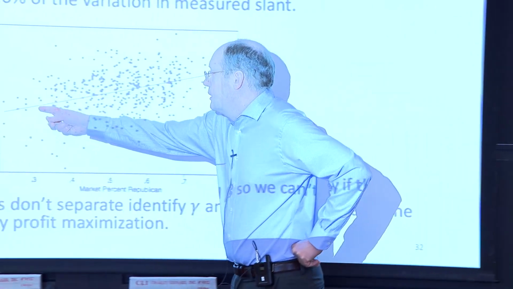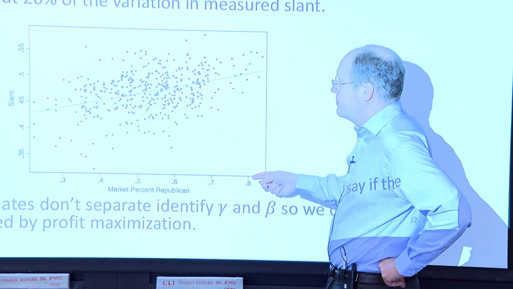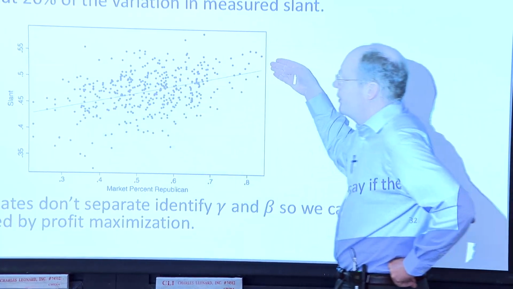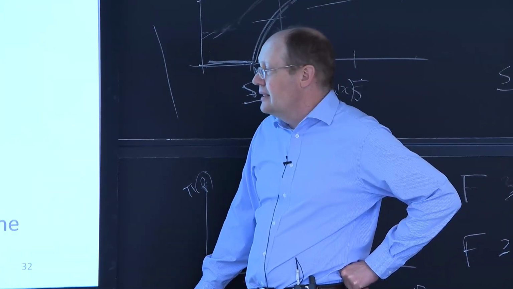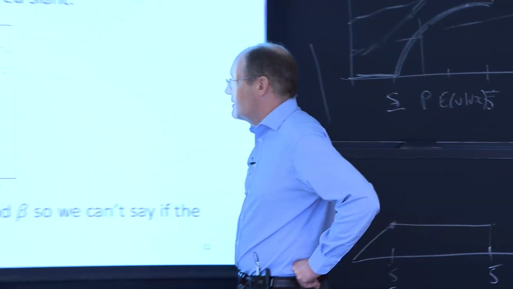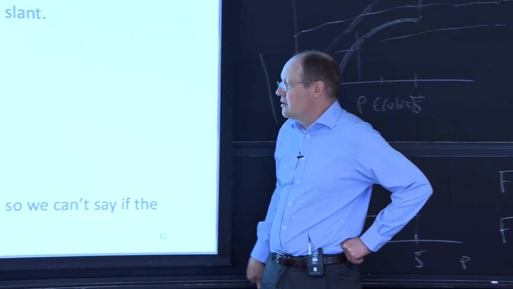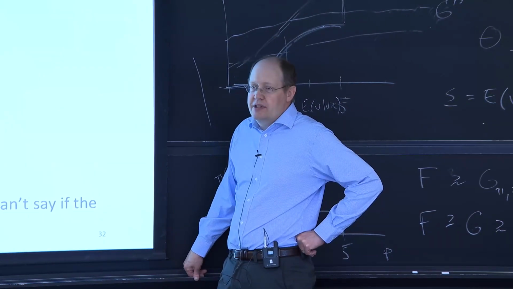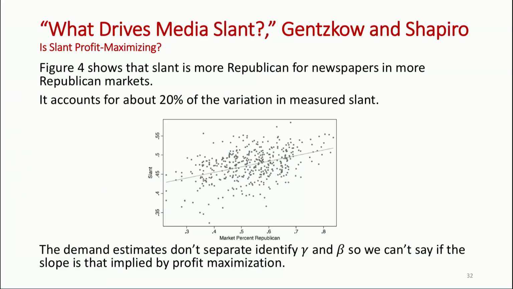So we get this positive slope. The more Republican is the area in which your newspaper is being sold, the more right you do make the slant of your newspaper. Demand estimates aren't separately identifying gamma and beta, so it's a little hard to say whether this slope is the slope we would expect given the profit maximization.